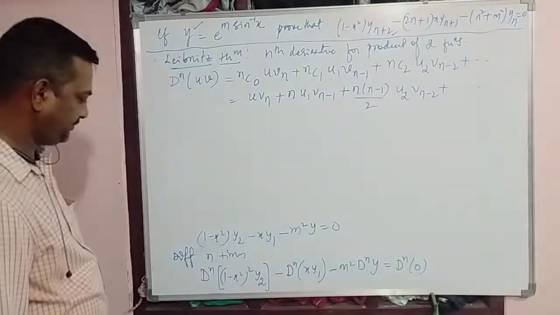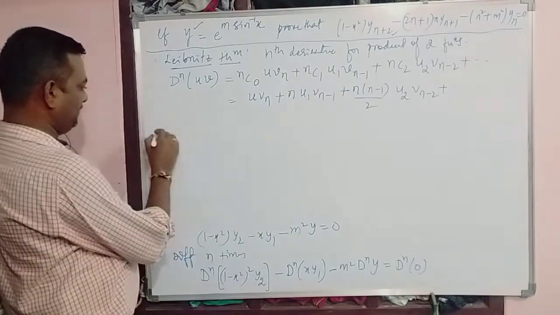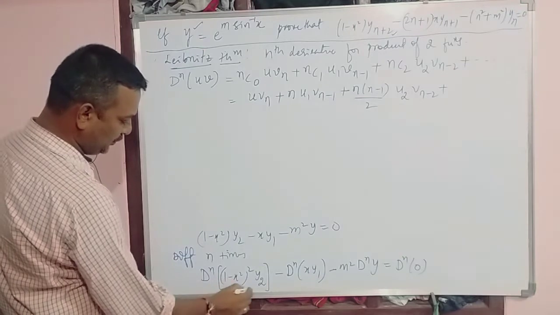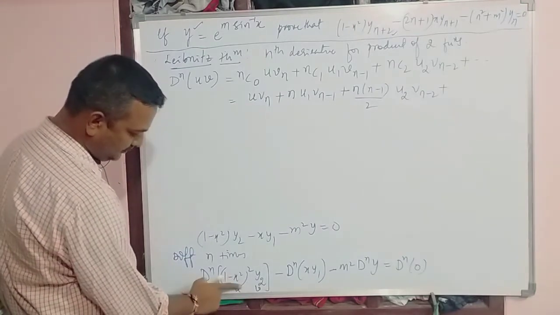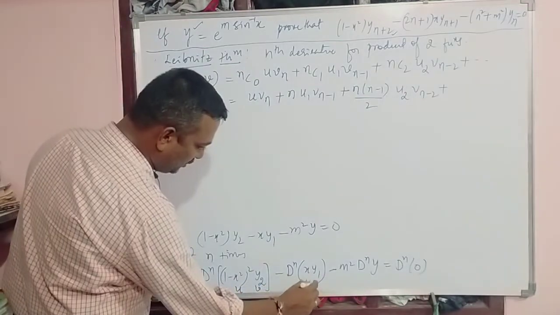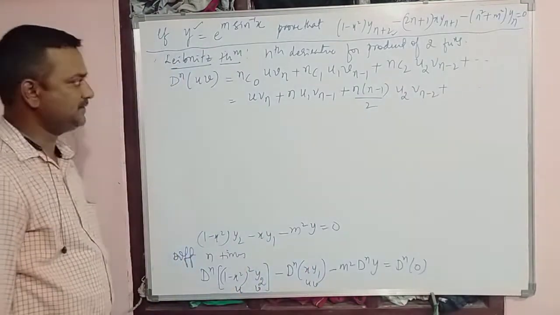Students, now observe carefully. Here it's a product of two terms, u into v. This is also uv. Two times we are going to apply the Leibnitz theorem.